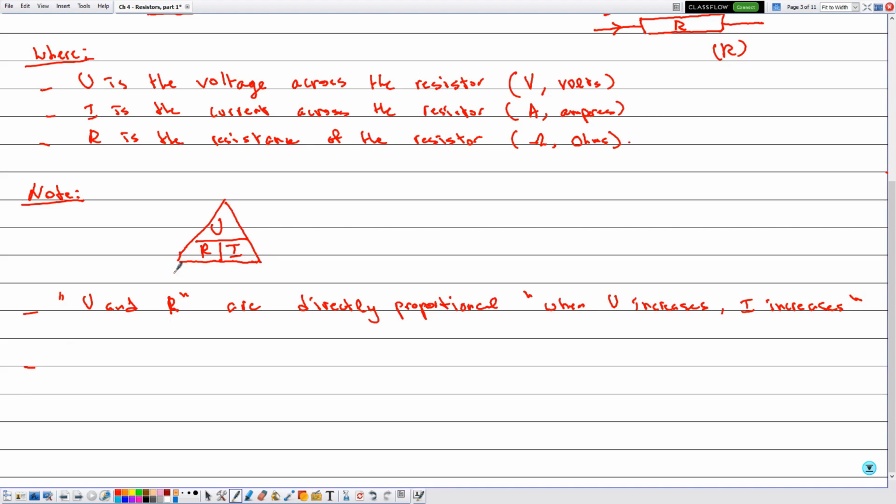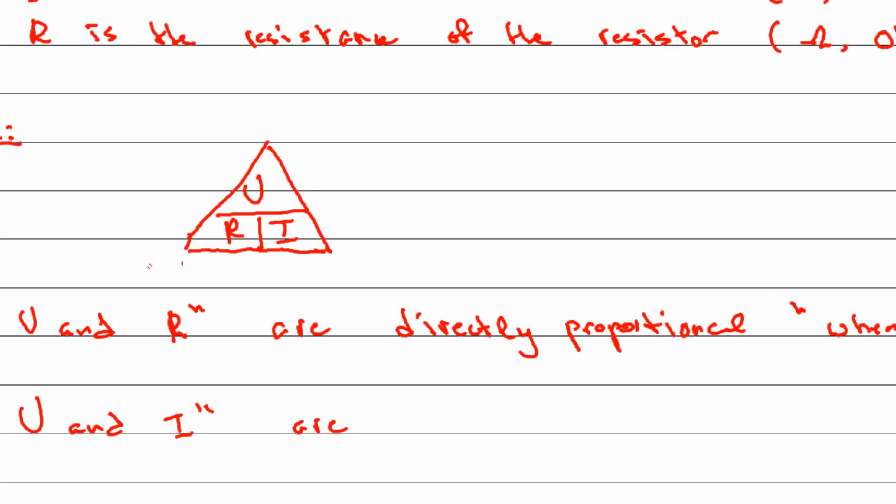Now what about the proportionality, or the relation, between the quantities U and I? Notice that U is at the top and I is at the bottom, so U and I live in different floors.